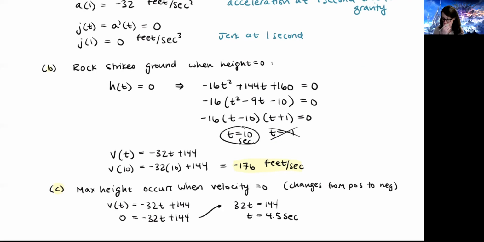Little t is a time. So 4.5 seconds into the toss is when the maximum height occurs, but we actually want the maximum height. So all we need to do is take this time and plug it into the height function. So this is the when. Now we need the actual height.